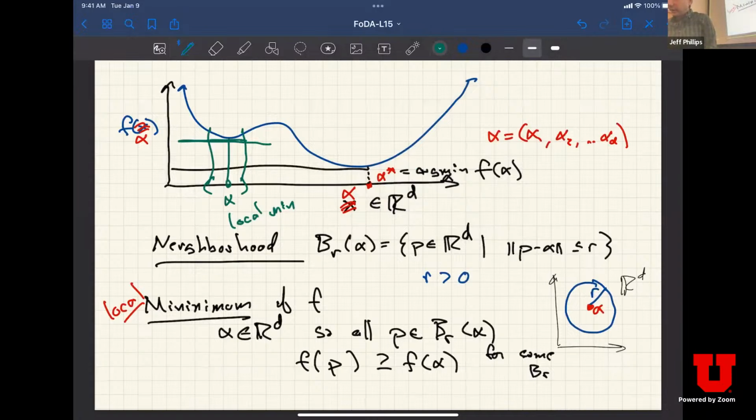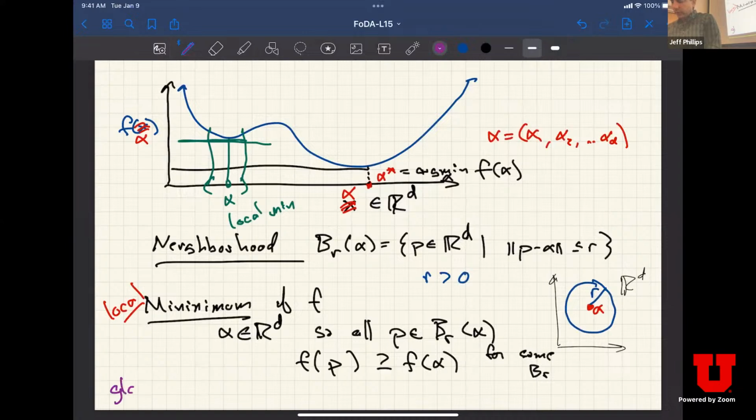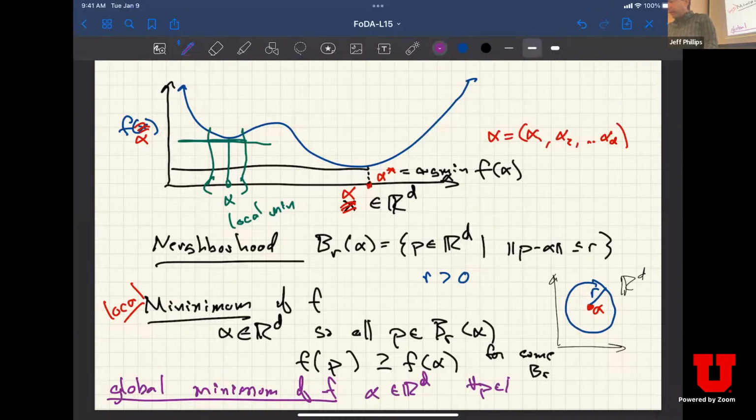Okay, if I did not restrict to this ball, I could instead have a global minimum of f. It's going to be a point alpha in R^D so that for all P in R^D, I'm not restricting to a neighborhood, then f of P is greater or equal to f of alpha.